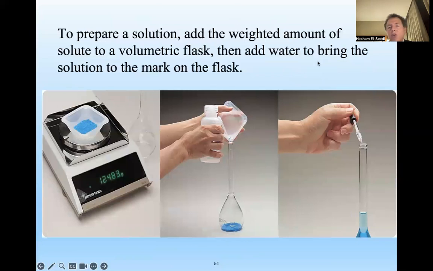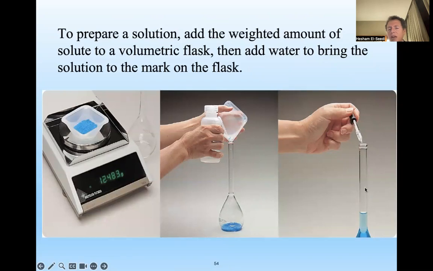How to prepare solution? You usually add the weighed amount of solute. As we explained, the solute is a solid in a volumetric flask. So you put the solid first, right? This is to be very accurate. Put the solid first in the volumetric flask, like this one.